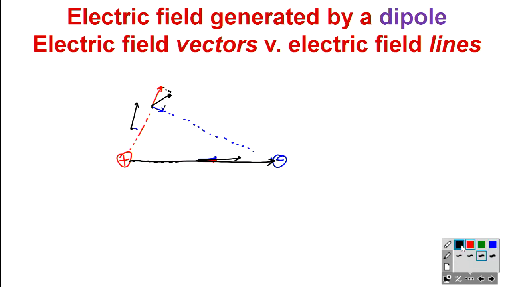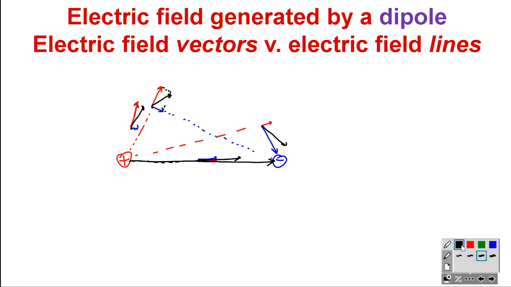Oops, I want it red. And now we have to connect. Well, we probably have to do it here. So now we're going to have a strong electric field due to the negative charge and a very weak electric field due to the positive charge. So the net electric field points like this.